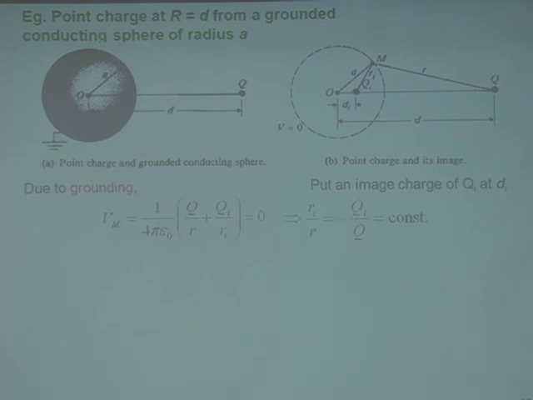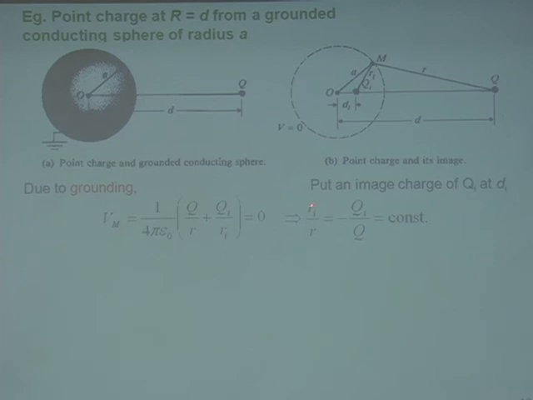Once we put the image charge down, this Qi is a fixed value. So if this is a fixed value and Q is something you have in the system, then this means Ri over R is constant.